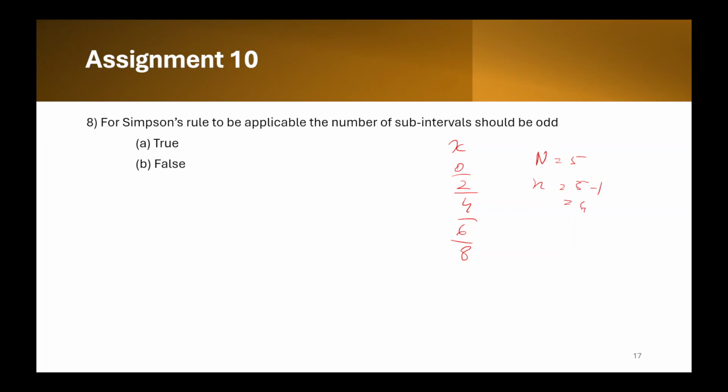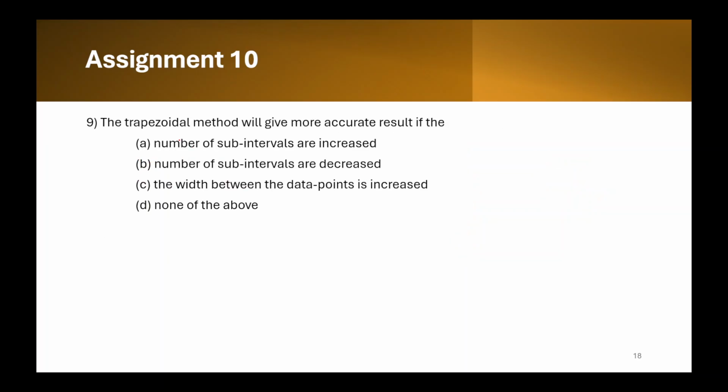Okay. So for Simpson's rule to be applicable, we know that the number of data points should be odd and they must be equidistant, obviously, and the number of subintervals should obviously then be even. So this is a false statement.